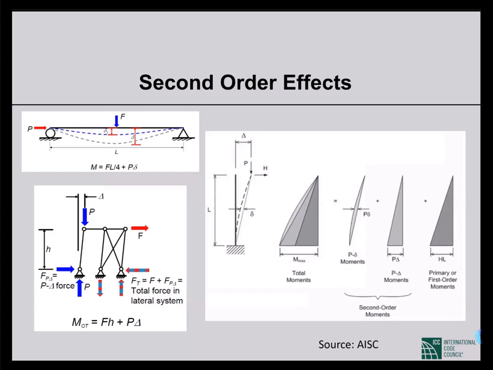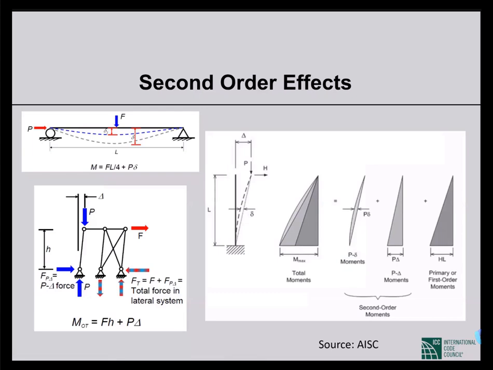So if we think about moment, let's start from the right side. Due to the horizontal load H, if the length of the column is L, we get H into L as the moment, if we calculate the moment on the undeformed shape.